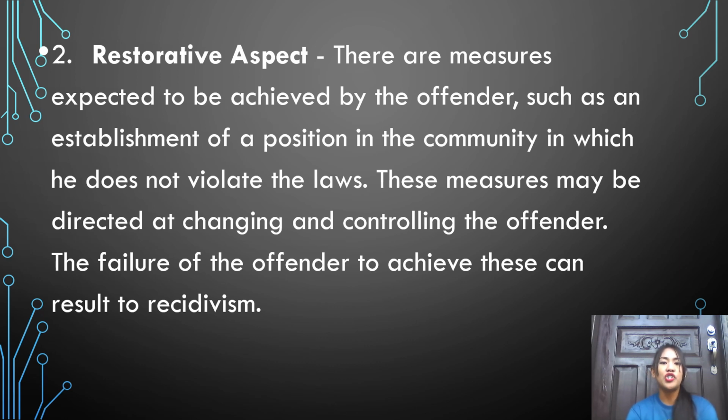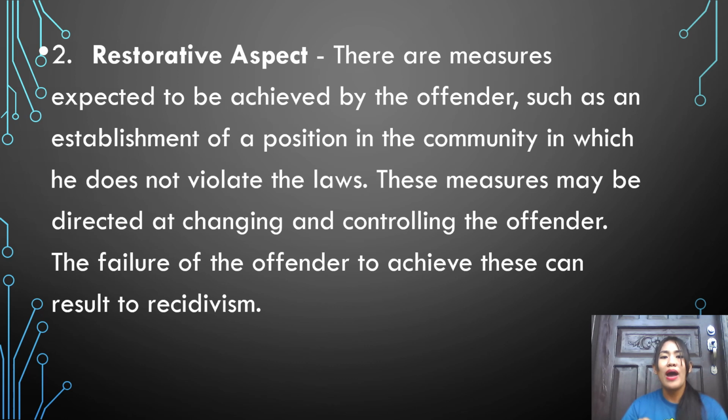Number two is the restorative aspect. Okay? There are measures expected to be achieved by the offender, such as an establishment of a position in the community. Okay? When we say restorative aspect kasi, maaaring ma-restore yung kanyang mga rights pag siya ay bumalik sa community. If he is being qualified for community program.